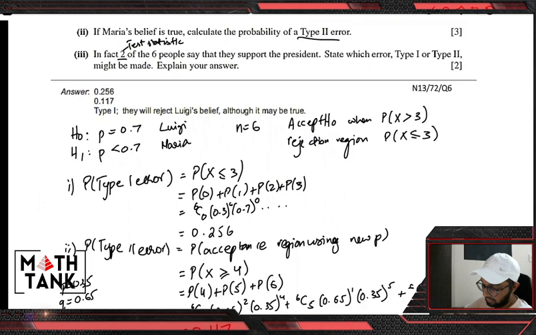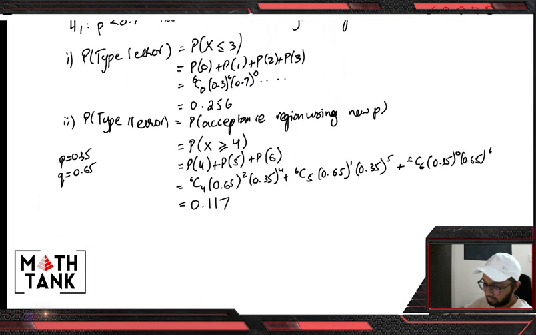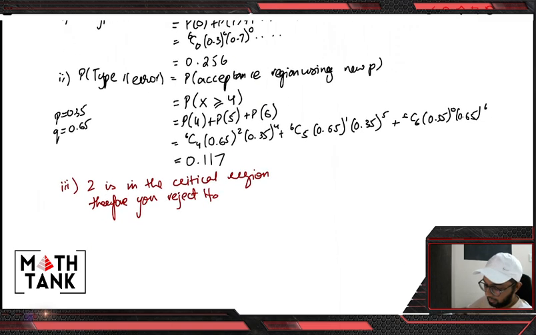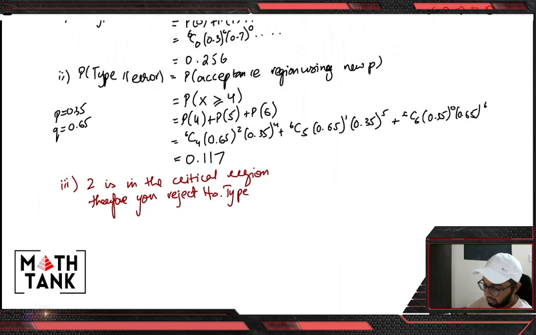So I will have to decide whether I accept H0 or reject H0. That's what I have to include. 2 is in the critical region. Therefore, you reject H0. When you reject H0, you are more likely to make a type 1 error. Type 1 error could have been made.